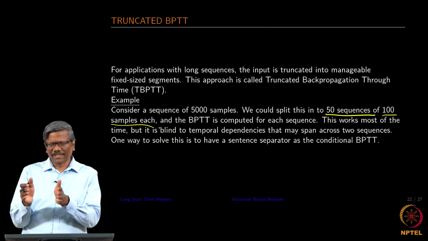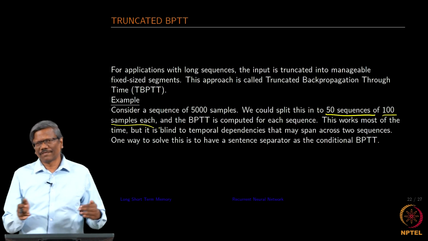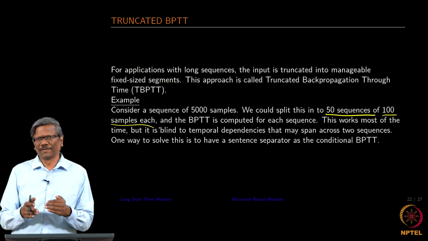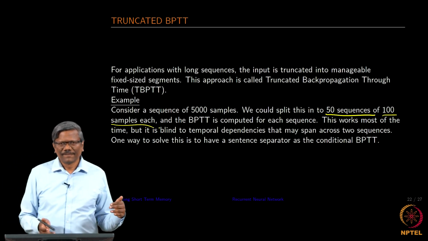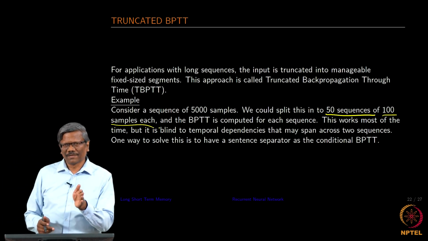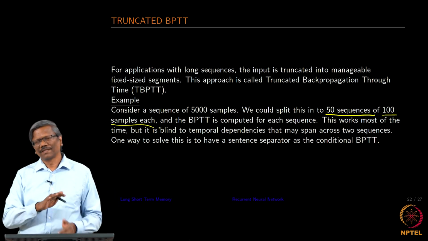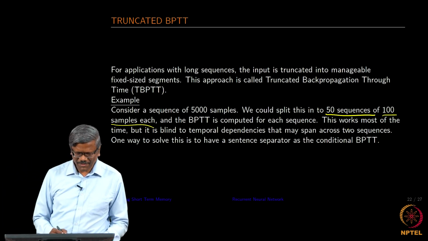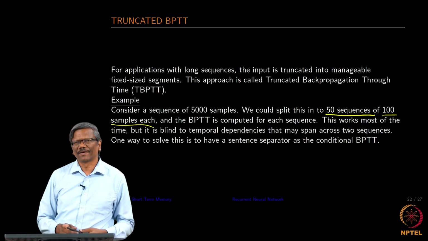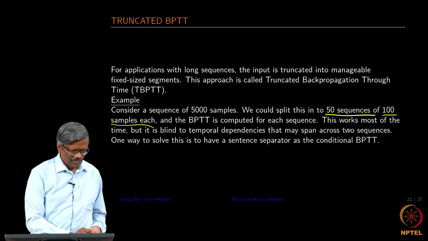When you go to the next chunk, take the hidden state of the previous state, feed it into this as your first input, and so on. So, the input from the previous chunk is fed to the current chunk, and you keep doing it until you finish all the chunks that you have created. So, this is called truncated back propagation through time.